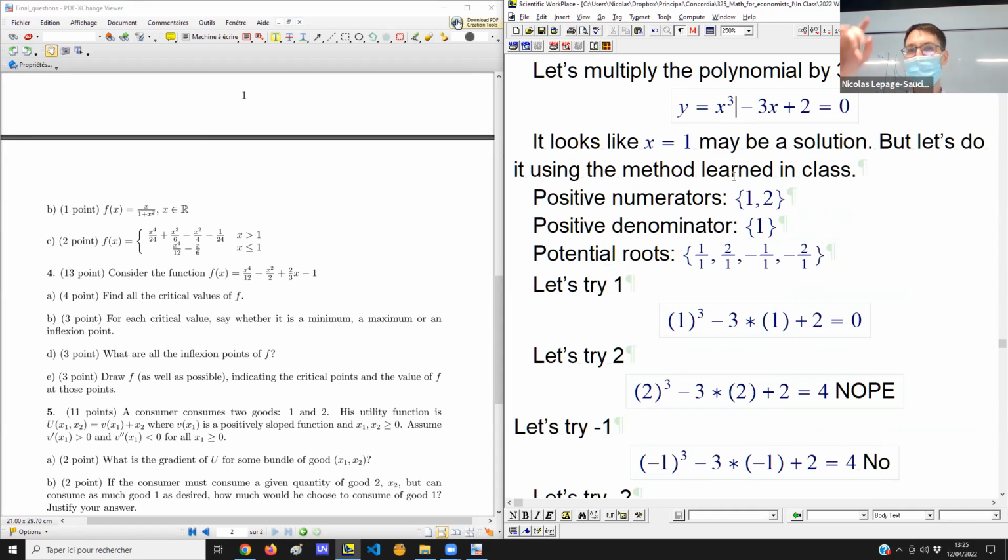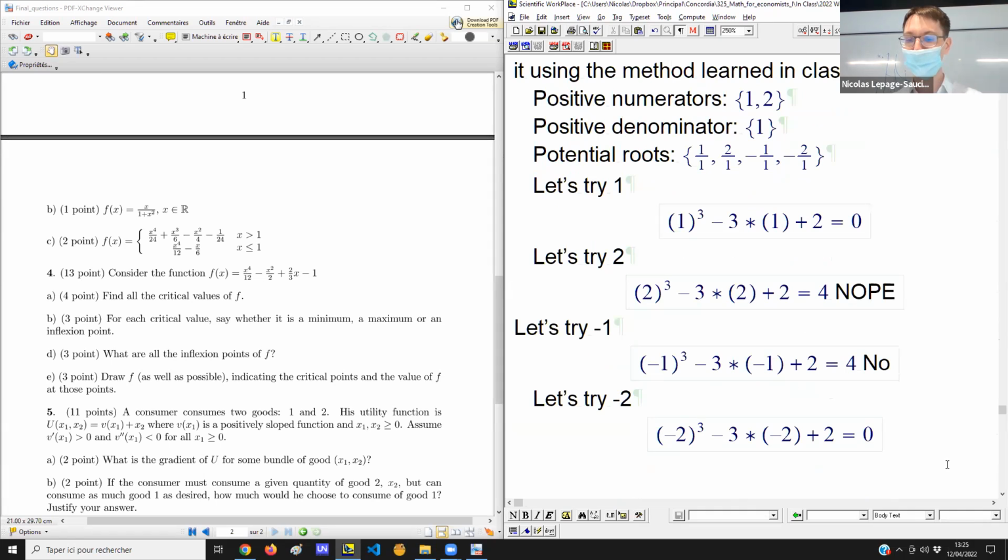If you have a second order polynomial, it looks like a parabola this way or that way. So it makes sense that you have two solutions if I'm nice with you and I give you something with real solutions. And if you have a third order, then you should have three solutions or one. So if you have two, then what's maybe going on is that you may have a duplicated solution. So let's see what we're going to get.